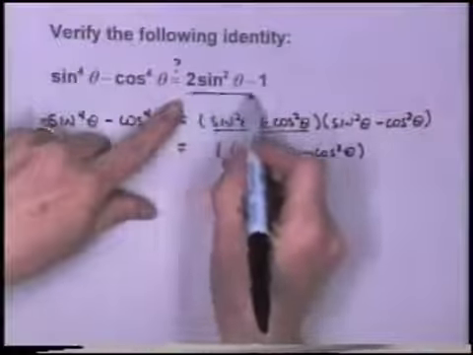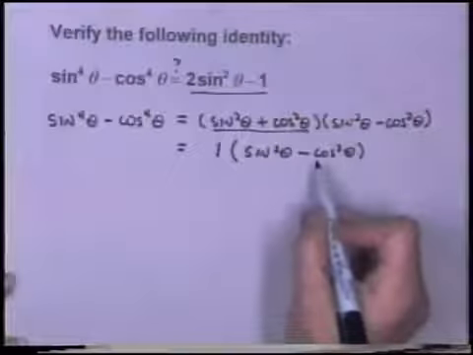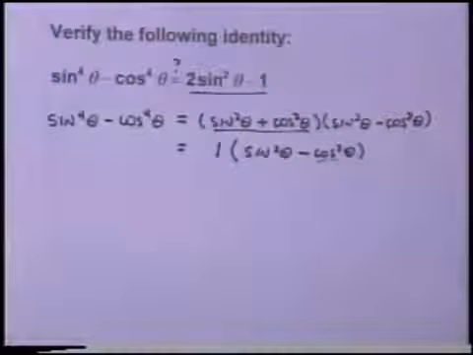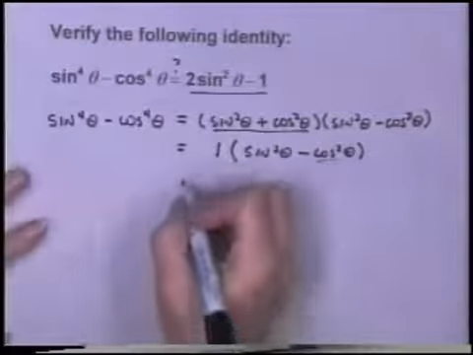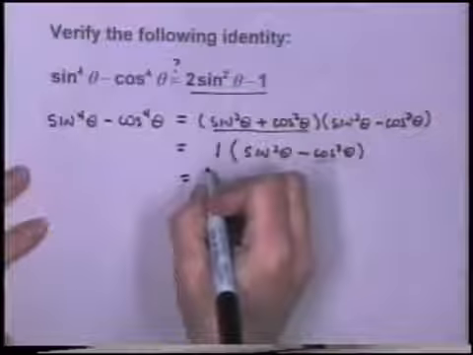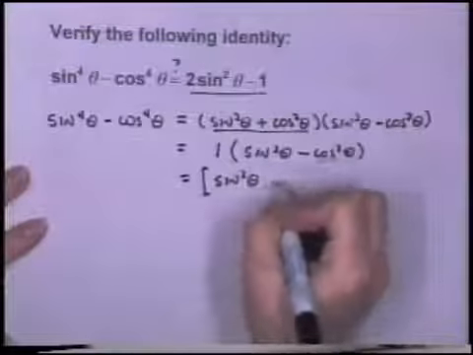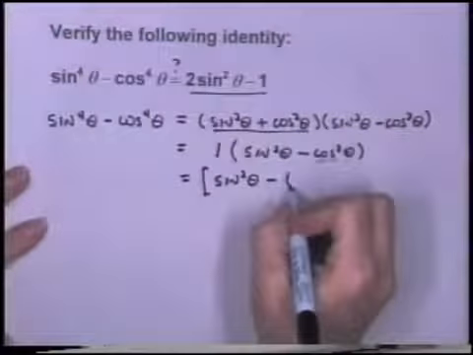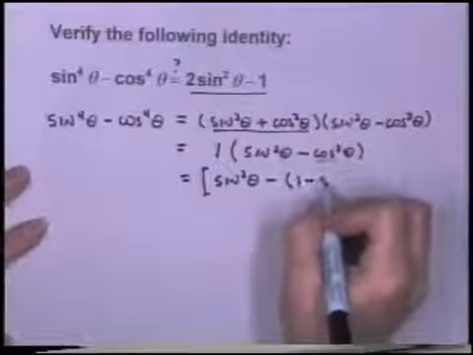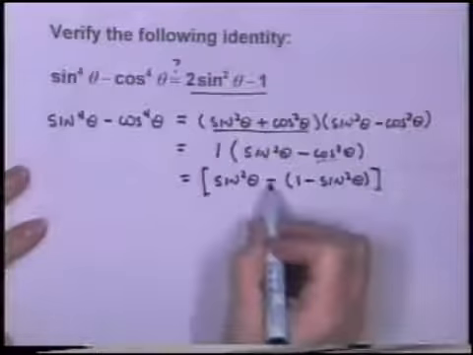Now let's take just a second and look back up here at what we're trying to get. Notice what I'm trying to get has only the sine function in it. So that suggests that maybe I should think about that cosine squared right there and rewriting it as a sine function. I can do that, can't I? Let's just drop the 1. We don't need that anymore. And I'm going to go to a bracket here for a second. I have sine squared theta minus, now let's be careful, cosine squared is 1 minus sine squared.